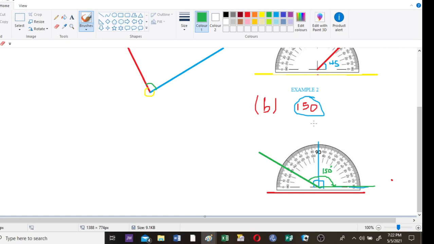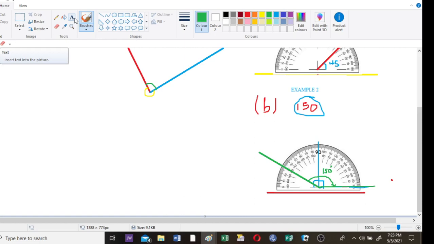The other example that I would want us to do is where we want to measure an angle, let's say, what can you suggest? Let's say 160, isn't it?